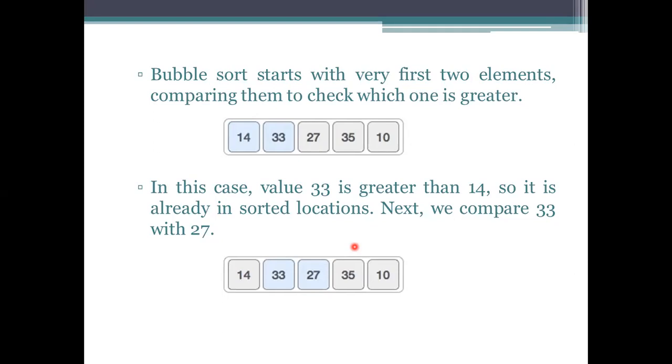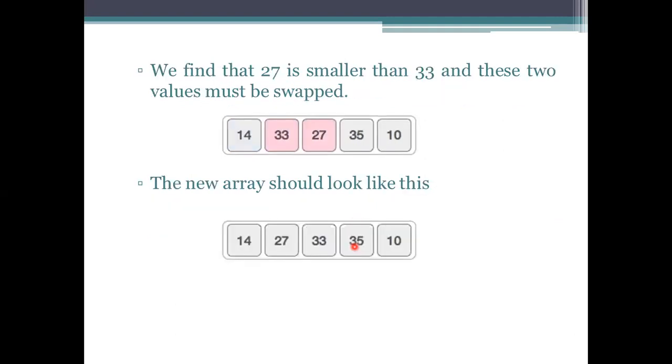And next, we need to compare the values 33 and 27. 33 and 27 have been compared, and it should be swapped there. Why so? Here the greater value is placed at the left side, and we need to swap the places: 14, 27 and 33.